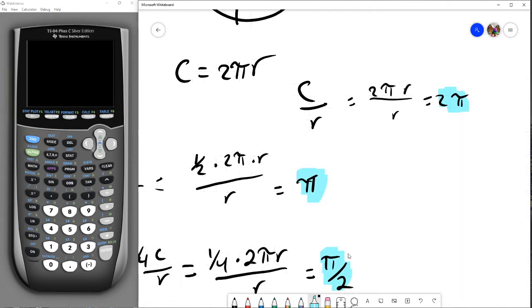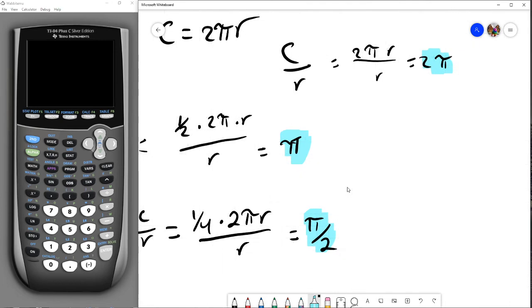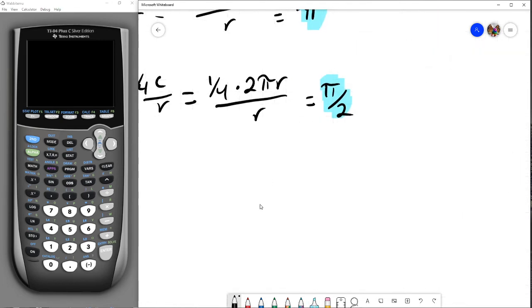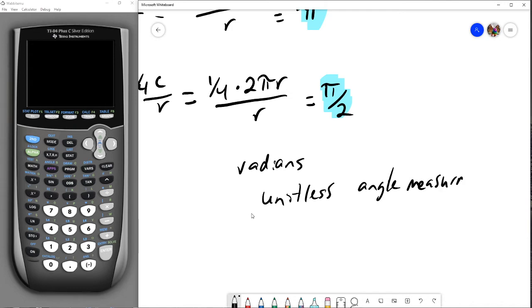So what these quantities that I just highlighted are going to be are called radians. Radians are unitless angle measurements.